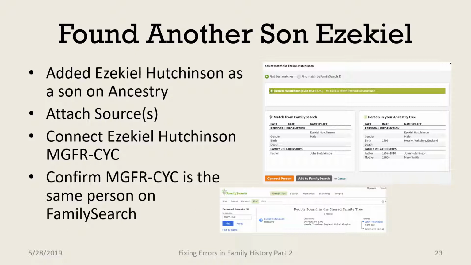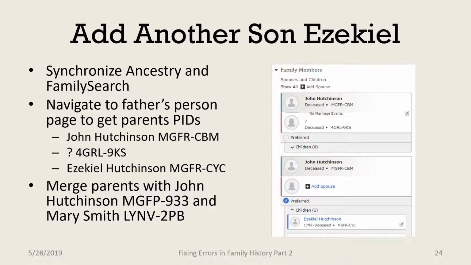However, first I go to FamilySearch and confirm that this record is the same person, since it shows no birth or death information. I synchronize Ezekiel Hutchinson on Ancestry with FamilySearch and fill in any additional information found.